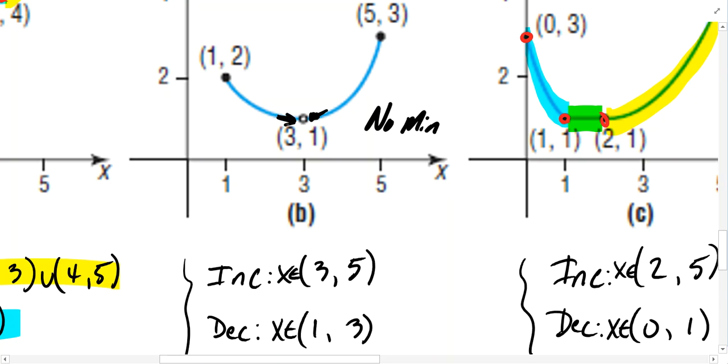This graph from the left is always getting just a little bit lower. There is no lowest point defined in this particular shape. So even though we are transitioning from a decreasing to an increasing function, the point at the transition is not defined, so we would say that there is no minimum here.